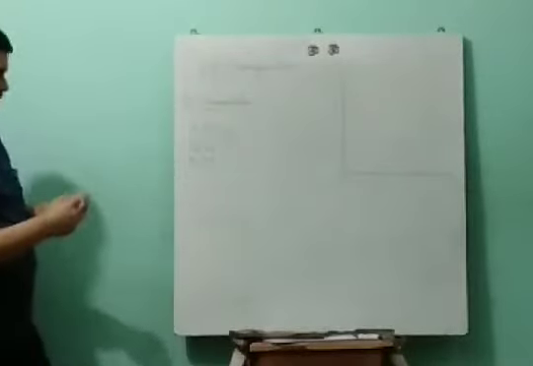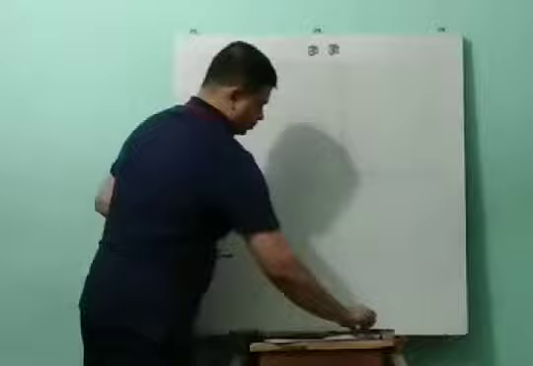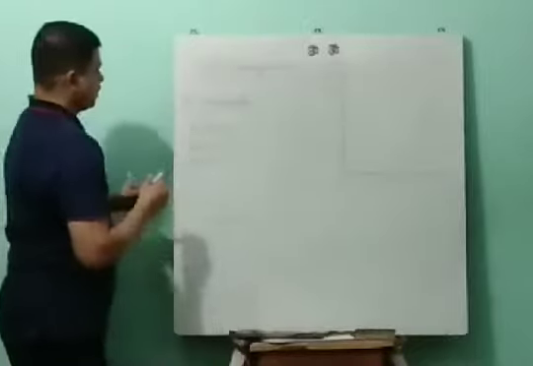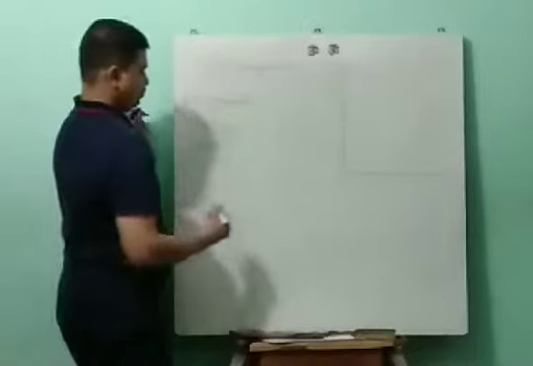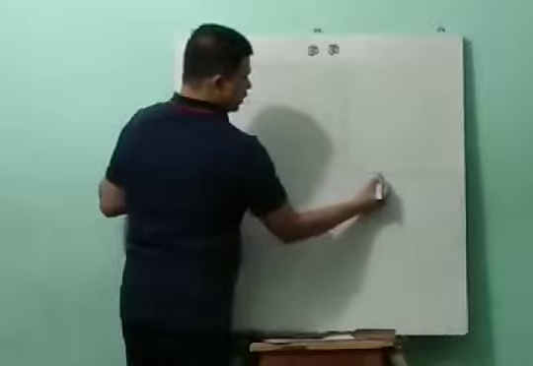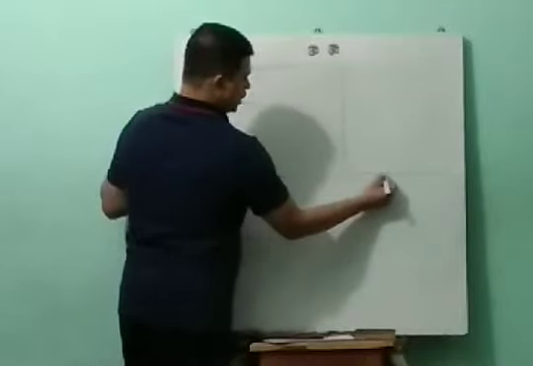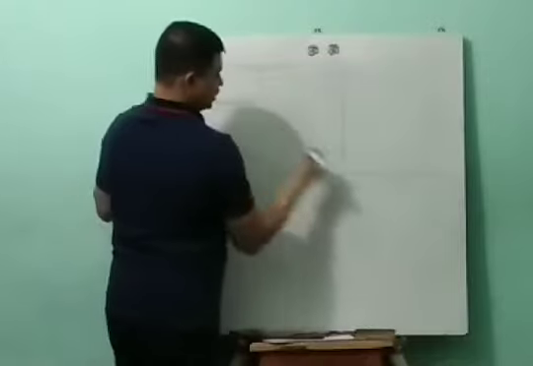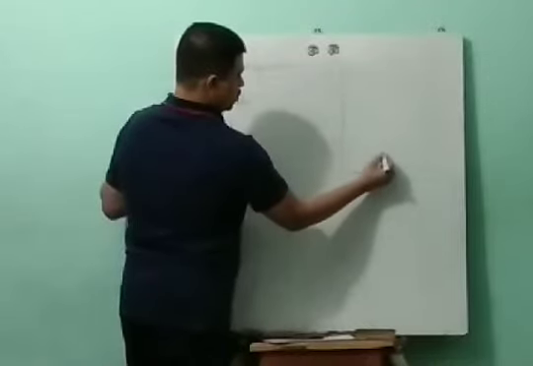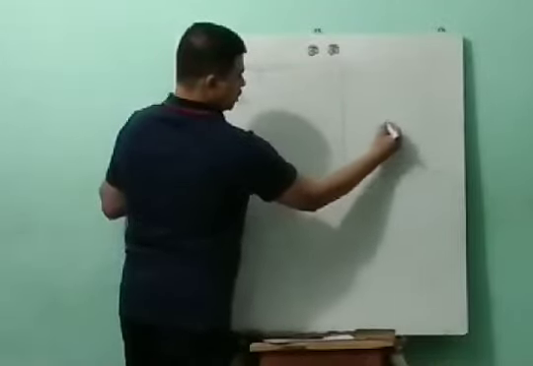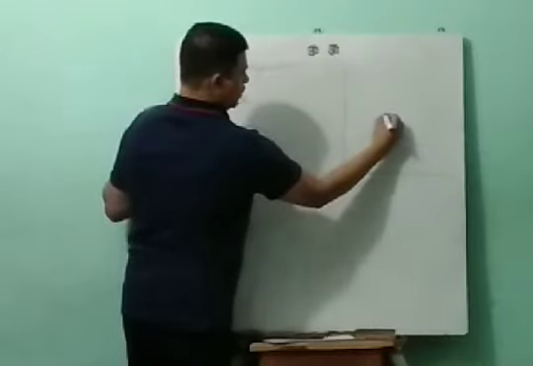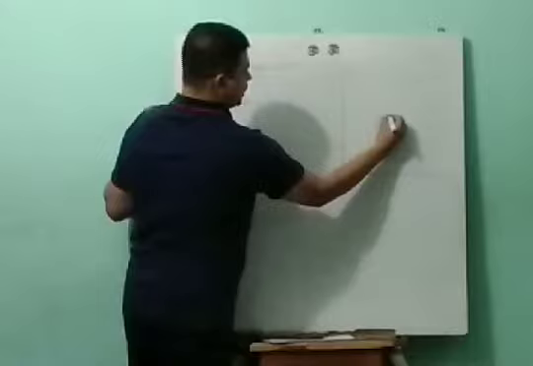So first you locate the given point, that is 3, 4. 3 units in x-axis, 1, 2, 3, 4 units in y axis. So here is the given point P, 3, 4.